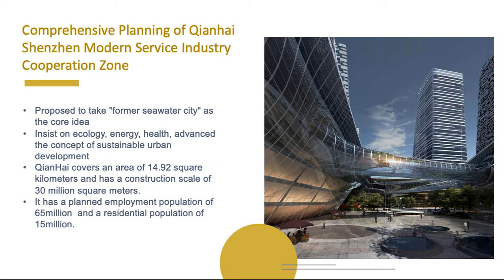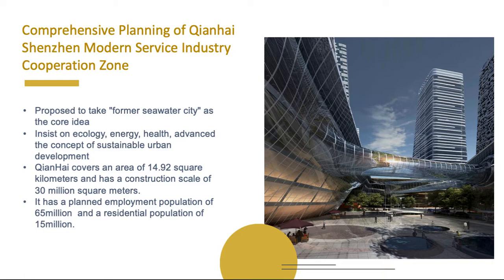Then this part is the comprehensive planning of the Shanghai-Shenzhen Modern Service Demonstration Zone. It proposes to take the former seawater city as a core idea, insisting on ecology, energy, health, and advancing the concept of sustainable urban development.